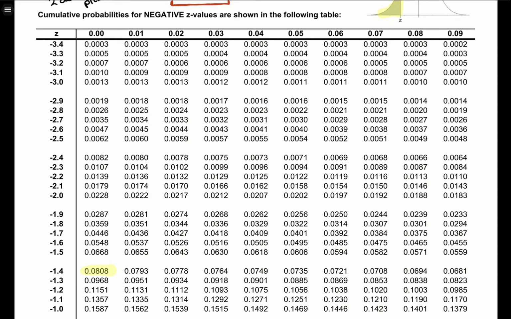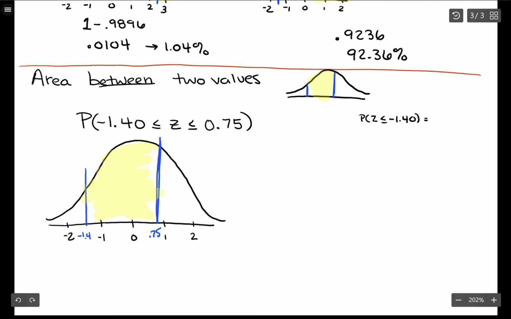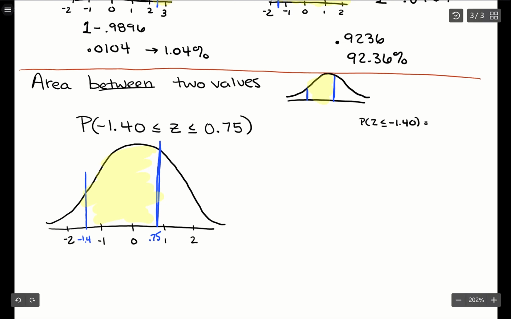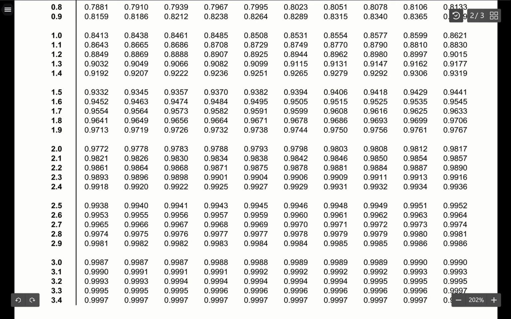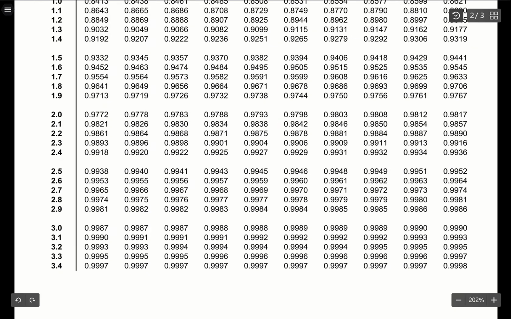So we have this 0.0808. So we have this one area of 0.0808. And then let's go ahead and look up the value that matches up with 0.75 as well. So going to our positive table, we have a 0.7, and then we want to go out to 5, so that's a 0.7734.